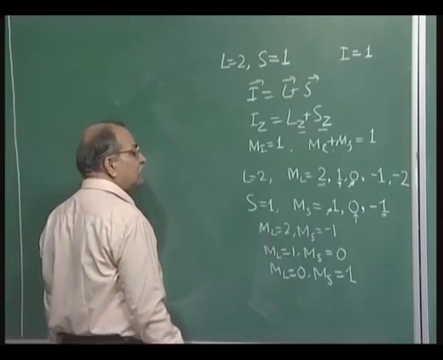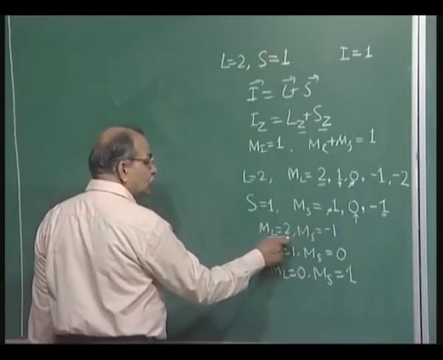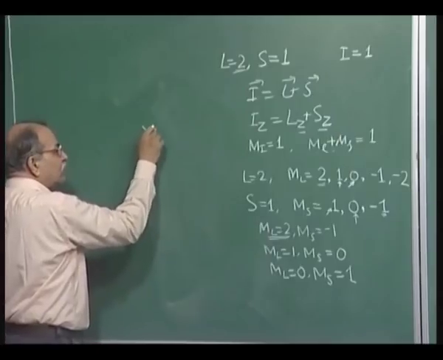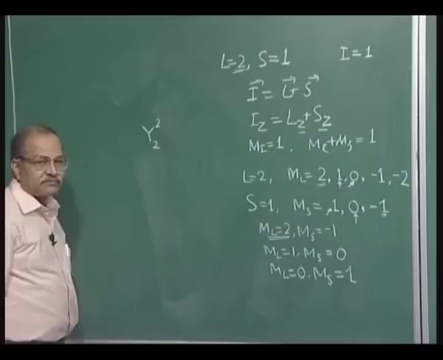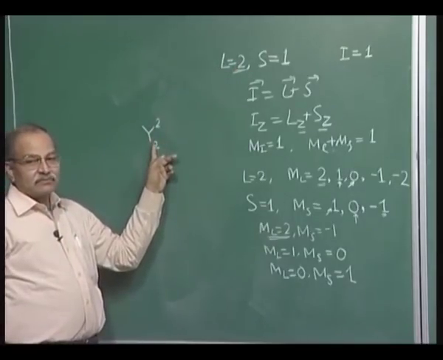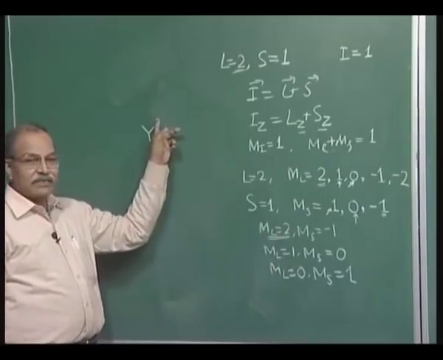Correspondingly, if I write it in symbols, M L equal to 2 and L is equal to 2, so that angular part will be Y L M of theta phi, Y 2 2.